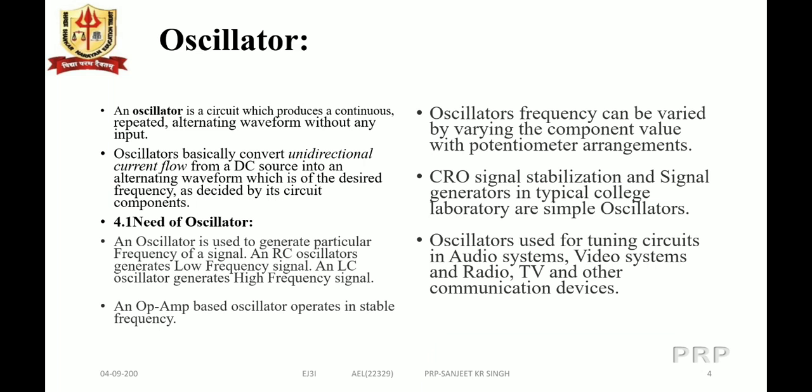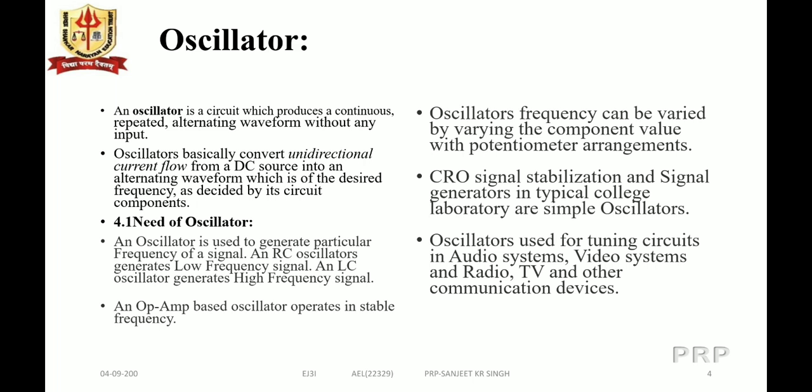So the oscillator, what basically is an oscillator? An oscillator is a circuit which produces a continuous repeated alternating waveform without any input. Very important, without any input means we are not providing any external signal like the amplifier, in which we are giving a signal and the signal is amplified.